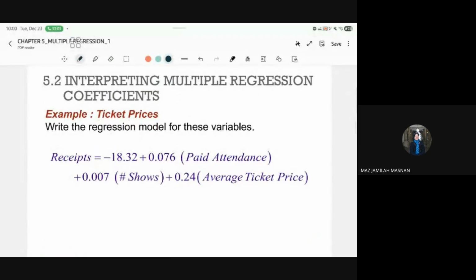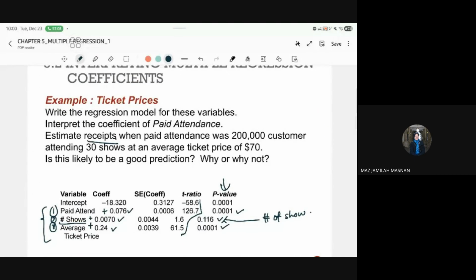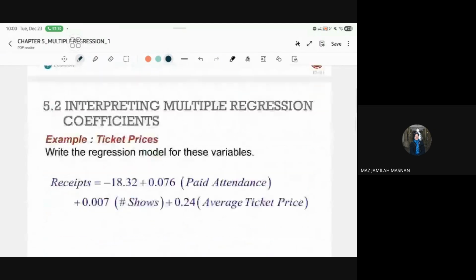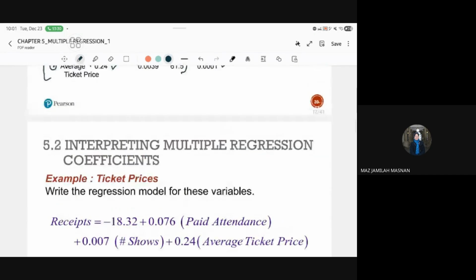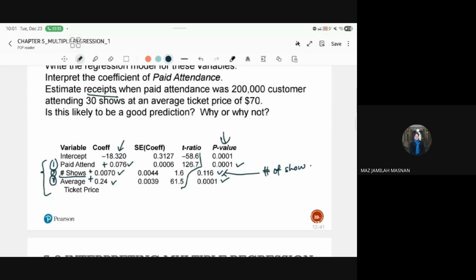If we use the actual DV and IVs, receipts in millions is equal to negative 18.32, which is the intercept, plus the first coefficient, paid attendance, 0.076, and for number of shows 0.007, and for average ticket price 0.24. So that will be what we call the estimated model for this example.